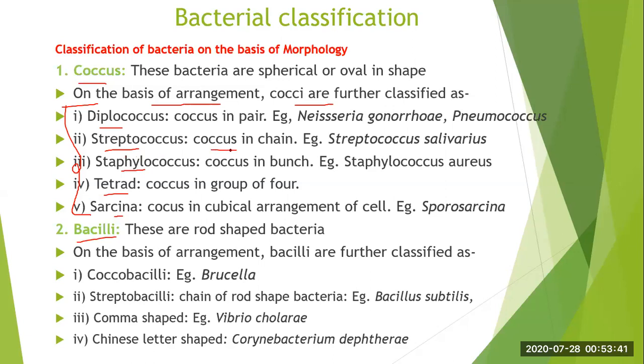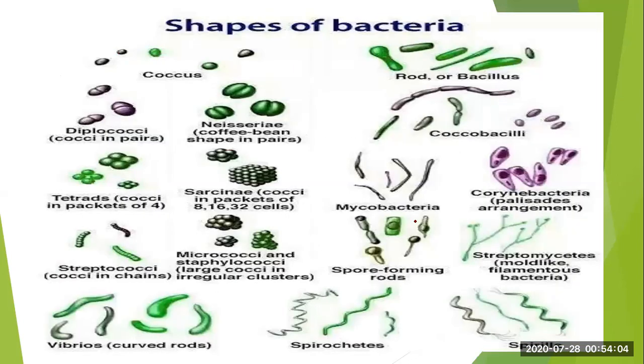Streptococcus means they are present in chains, like Streptococcus salivarius. Staphylococcus means they are present in bunches, like Staphylococcus aureus. Tetrad means cocci in groups of four. The last one is Sarcina, cocci in a cubical arrangement, for example Sporosarcina.